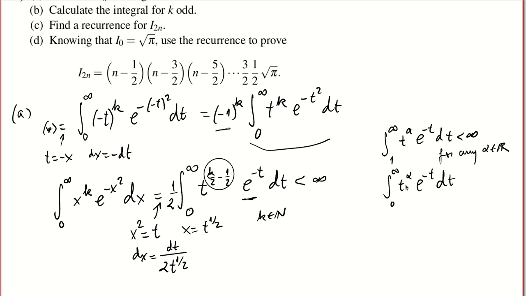And in that case, it is only convergent if alpha is larger than -1. But there's no problem in our case because, as I said, the exponent is always going to be positive, which means that we don't have any problem at 0. So it's positive or 0, so we can forget about this.